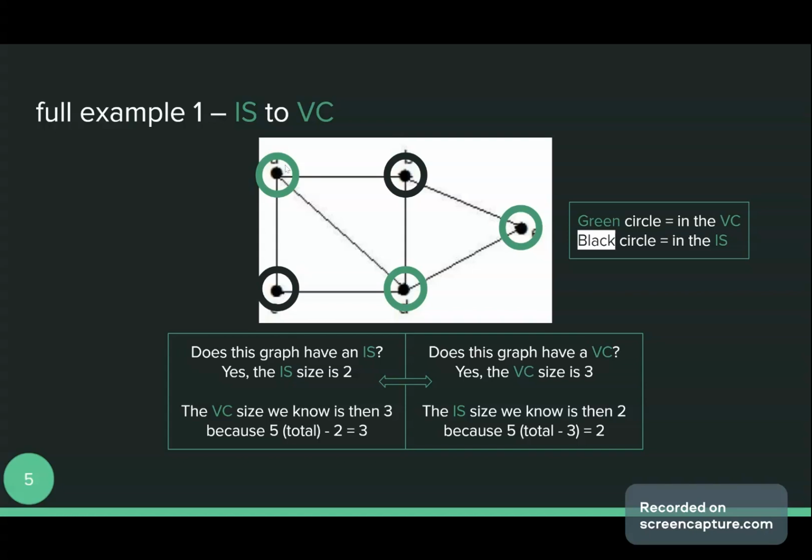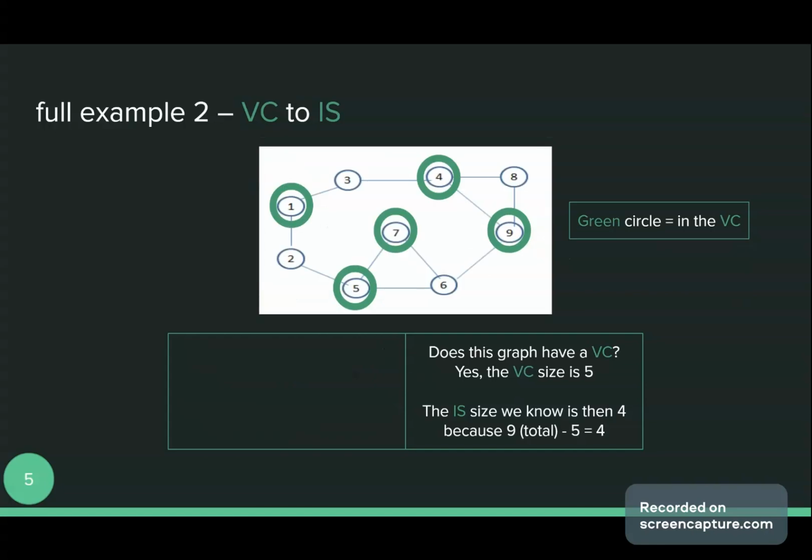A covers the edges AB, AC, AD. The vertex D covers DB and DC. And the vertex E covers the edge EB. And this will cover each edge in the graph. And we can see that they're equivalent and complements of each other.